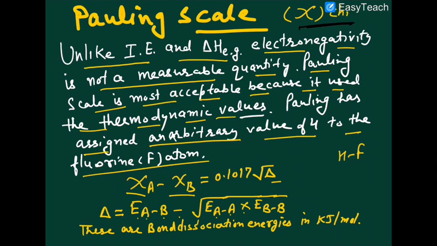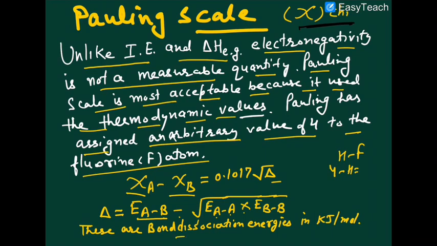Fluorine has been assigned a value of 4, so 4 minus hydrogen you have to find out. A stands for fluorine, B stands for hydrogen. Bond enthalpy of HF minus square root of bond enthalpy of fluorine into bond enthalpy of hydrogen. You put that value, you will get the answer for hydrogen as 2.1.